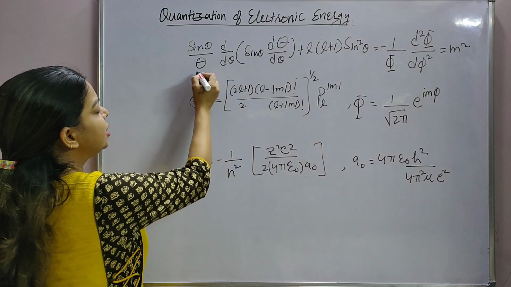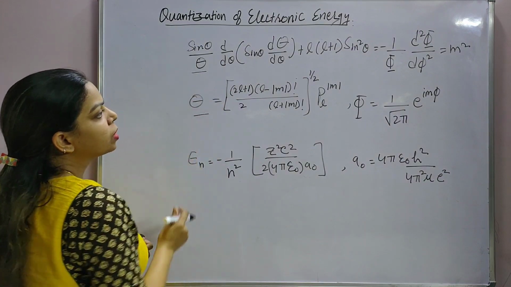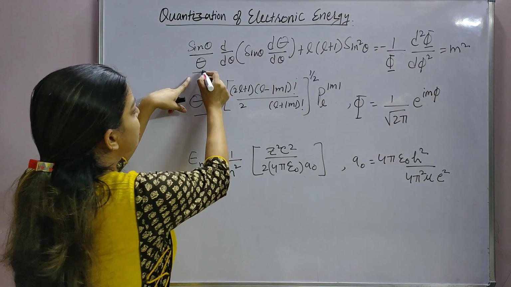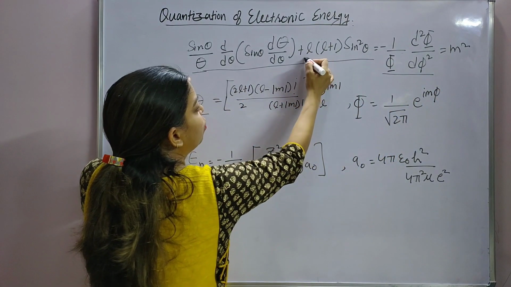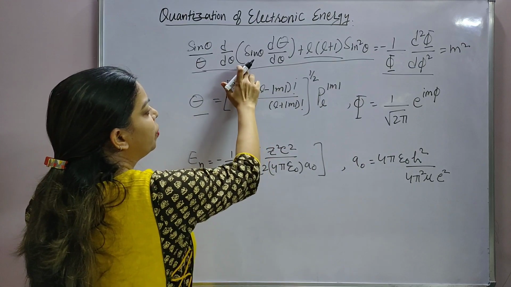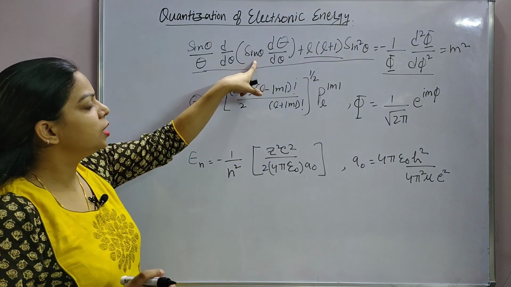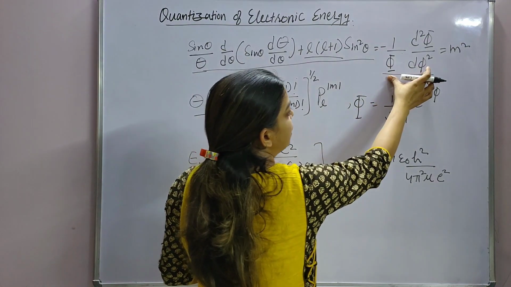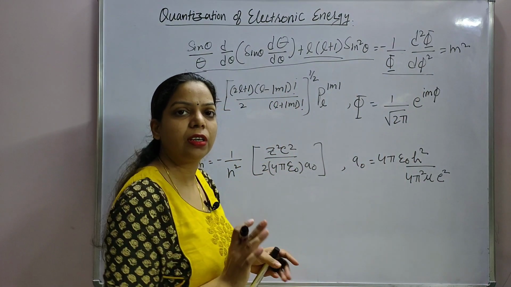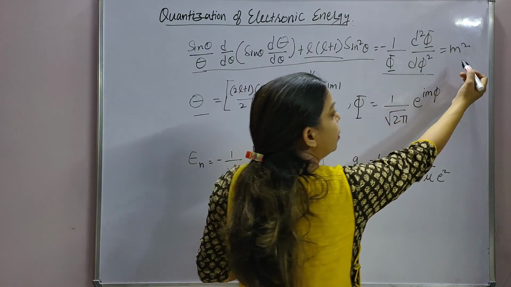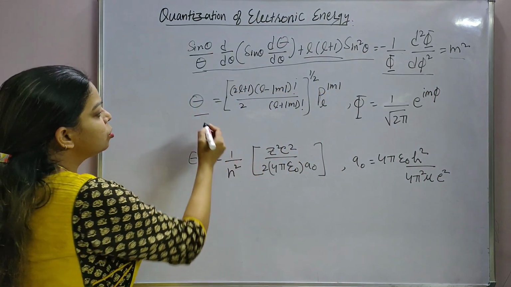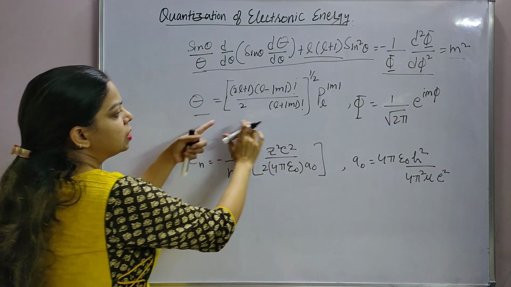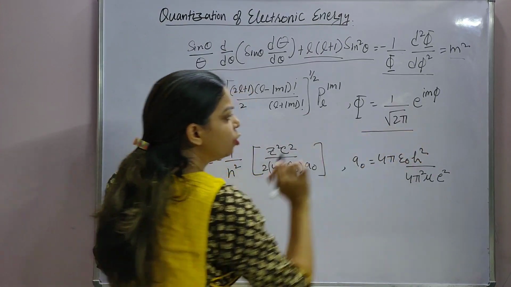So now let's see the theta and phi equations. We had this kind of theta and phi equation. We will include this l plus 1 factor with the theta equation, the theta part, and the phi equation is here. We have already done this solution in the case of the rigid rotator. We equated it with some factor m squared, and the solution for the theta equation is this and for phi is this after normalization.